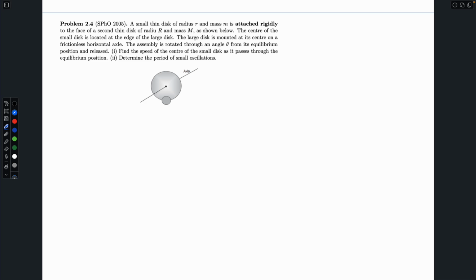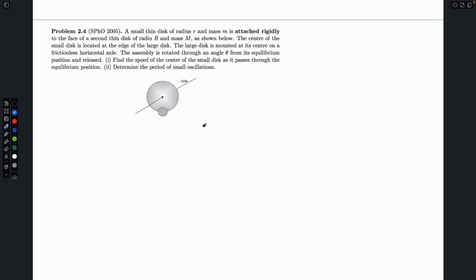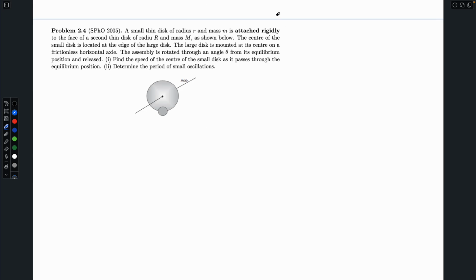Okay, we'll do 2.4 first. So this one actually is not that hard. Do you know about moment of inertia? The trick is that you need to write it in terms of the angular rotation.